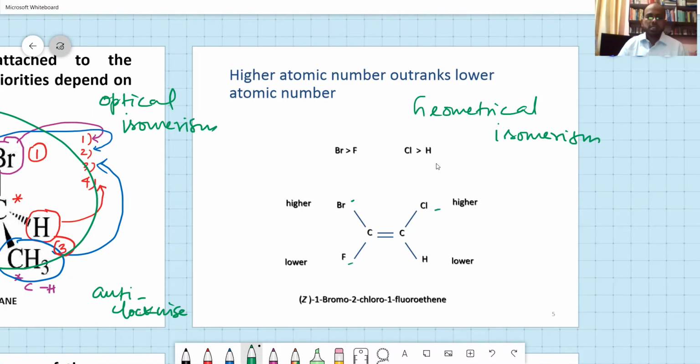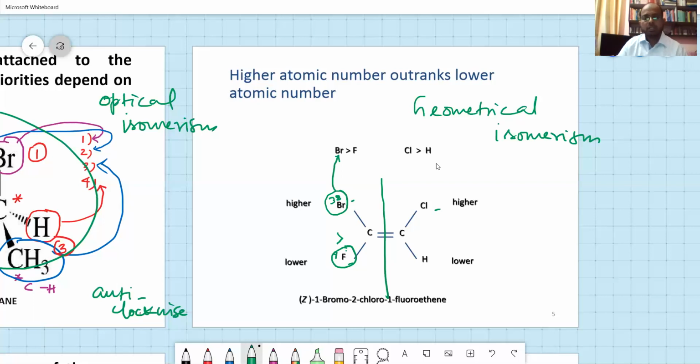You have to look across the double bond, so you draw a line like this. Bromine has atomic number 35, which is higher than fluorine. Therefore, bromine has higher priority and fluorine has lower priority, which is shown by a symbol like this.